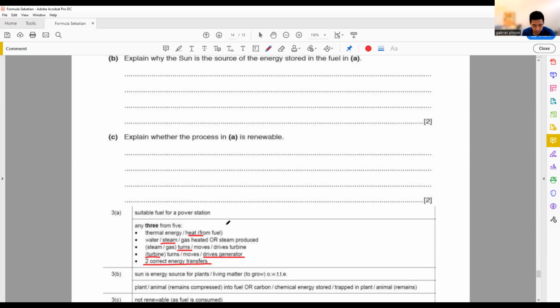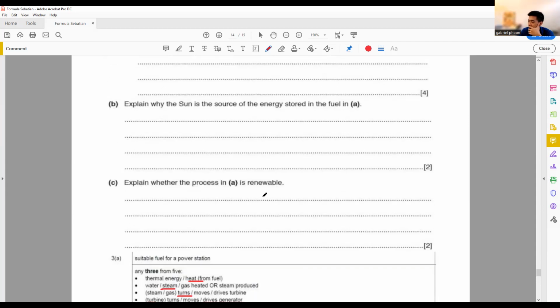The high-powered steam is used to spin the turbine. The turbine is connected by the shaft to the power generator. This converts the kinetic energy into electrical energy.